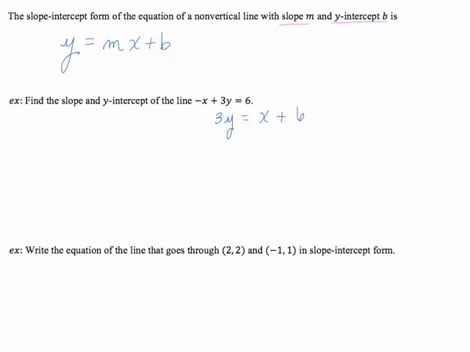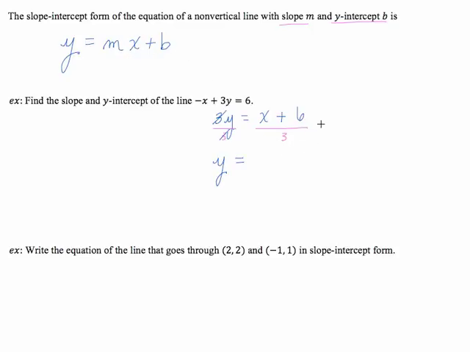Now I'm going to divide both sides by 3, and you do have to divide the entire side by 3. When I do that, those 3's cancel, so we get y equals. Now this is solved for y, but it's not in the form mx plus b.